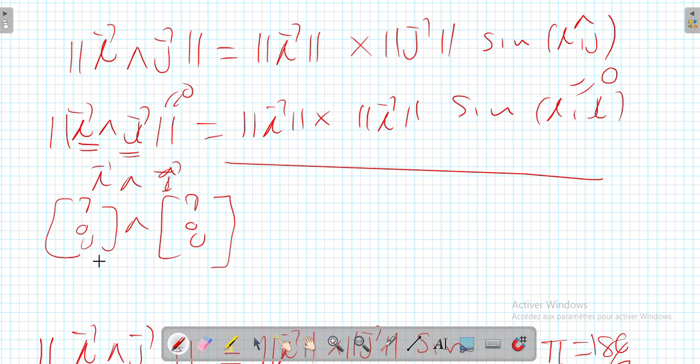But if you want, you can apply what you're going to be using most of the times. If anything, I don't remember a time when I ever used this. This is just there to show us that if the angle between two vectors is 0, the product is 0. Just to show us why that property is true. But most of the times you're going to be applying what I've just been teaching you, where you cancel out the first part.